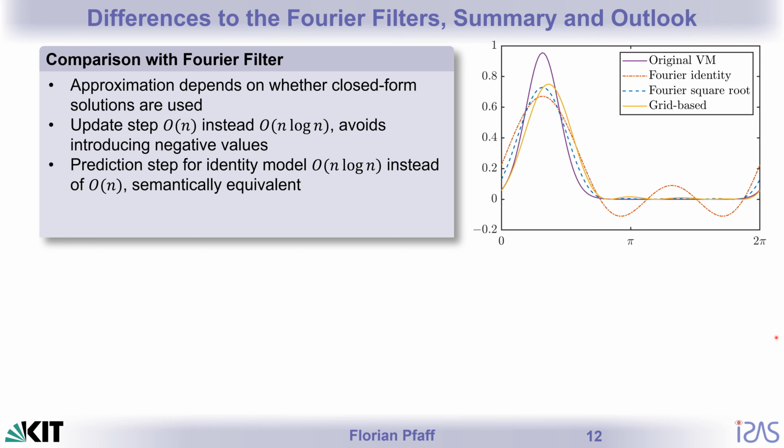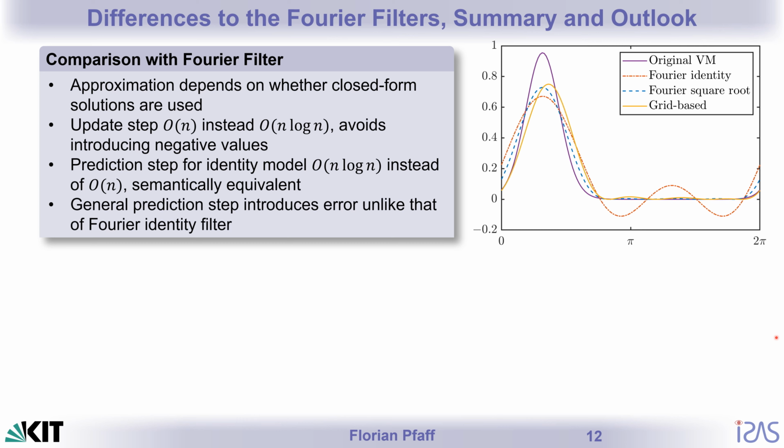The prediction step for the identity model with additive noise for the grid filter is O of n log n instead of O of n, but it's semantically equivalent to the one in the Fourier filter. Then the general prediction step of the grid filter introduces an error, while the one of the Fourier identity filter is error-free. But as we've seen in our evaluation, that's not that big of an issue.